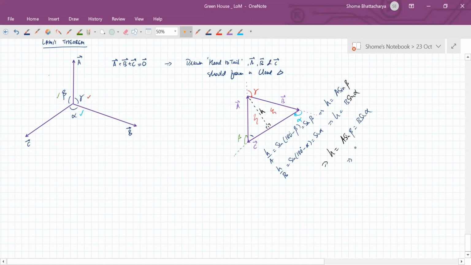So in other words, a upon sine alpha is equal to b upon sine beta. Now like that you take the other one also. You take any of the other two altitudes and you will get the same kind of result for the other two sides.